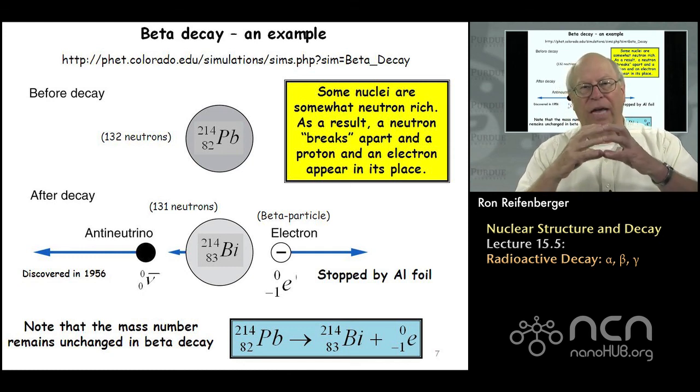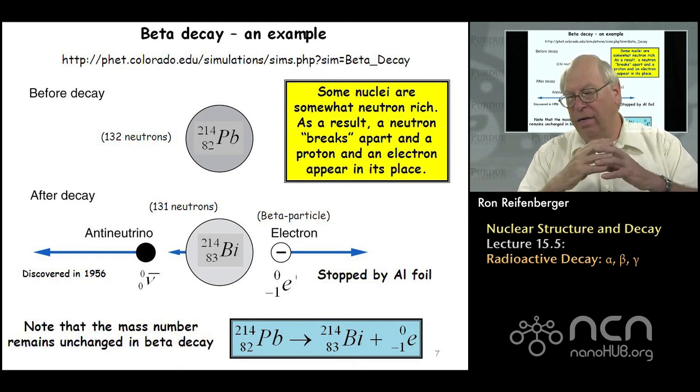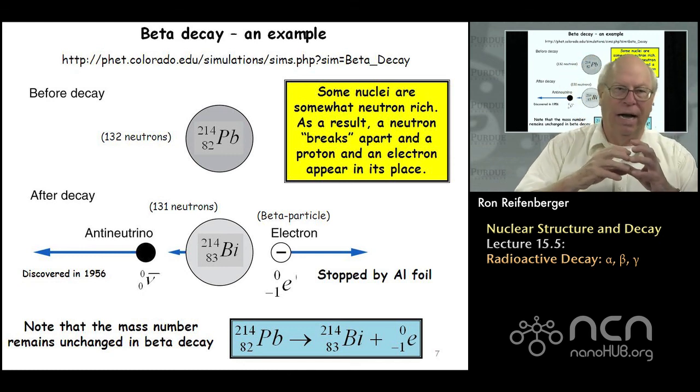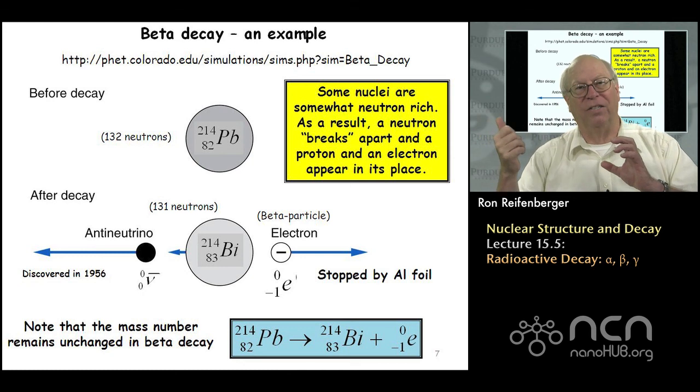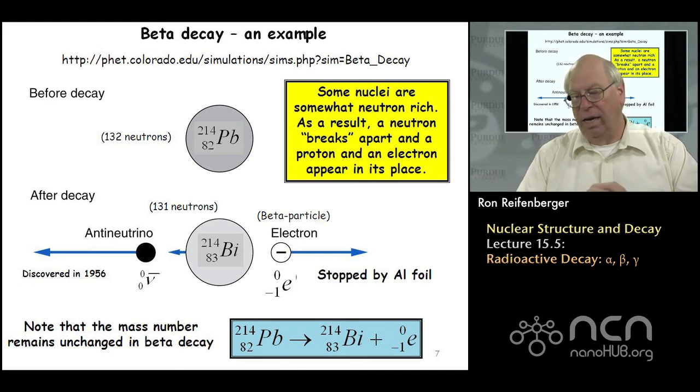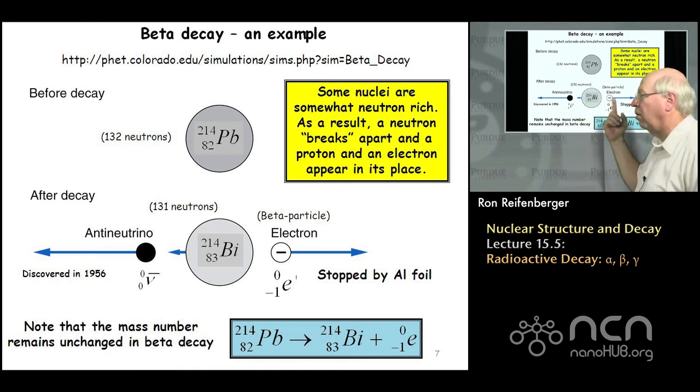Basically, one of the neutrons breaks down, it breaks apart and converts to a proton plus a very energetic electron. That electron is then ejected from the nucleus and emerges as a beta particle. It was identified as a beta particle very early on, but now we know it's just an electron.